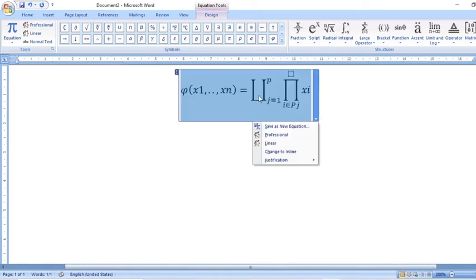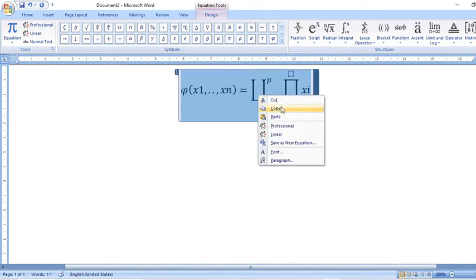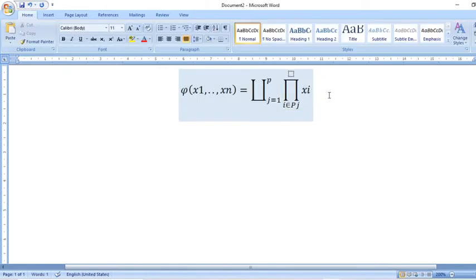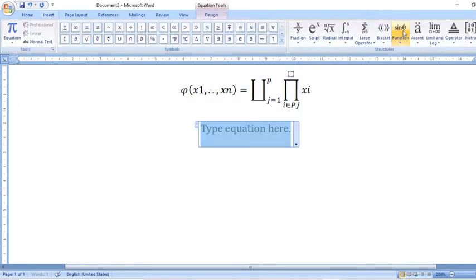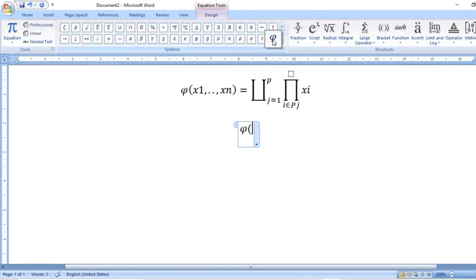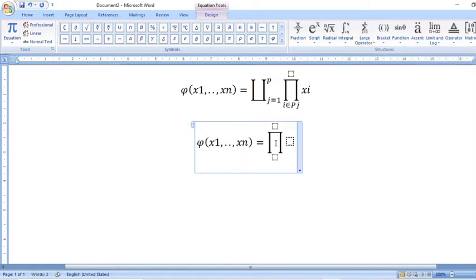Now similarly we can write the structure function in terms of minimal cuts. How can we write the structure function in terms of minimal cuts? We have already discussed that: phi of x1, comma, etc., xn, equal to, we should have all the minimal cuts functioning.